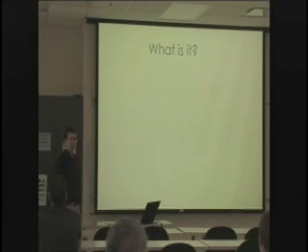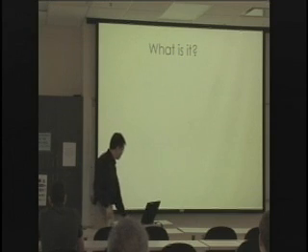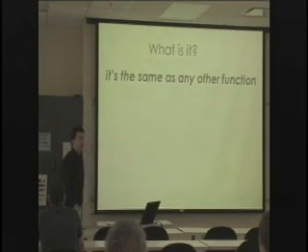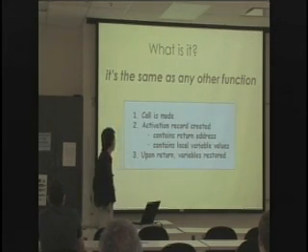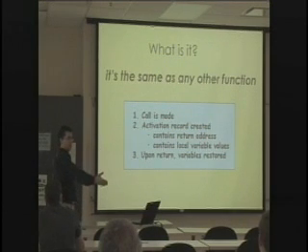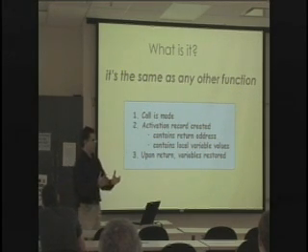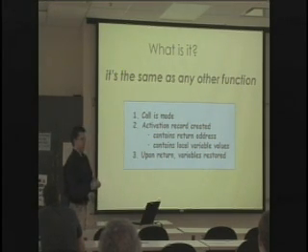Now, usually at some point, as maybe you're still frustrated, somebody tells you it's the same as any other function. And that's true. It is exactly the same as any other function. A call is made, an activation record is created at the time of the call, and there are 2 things of importance in the activation record: the return address, how to get back, and all the values of the local variables.